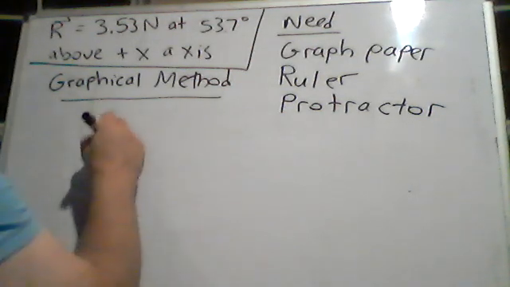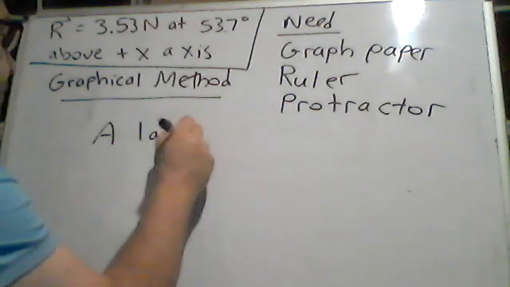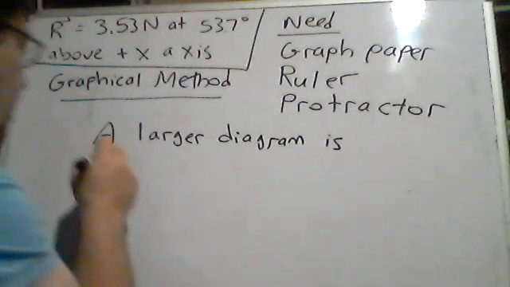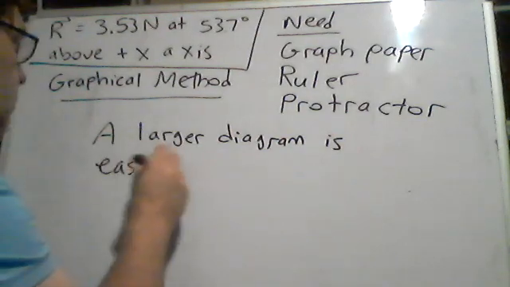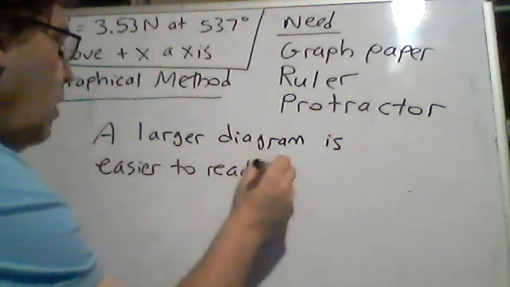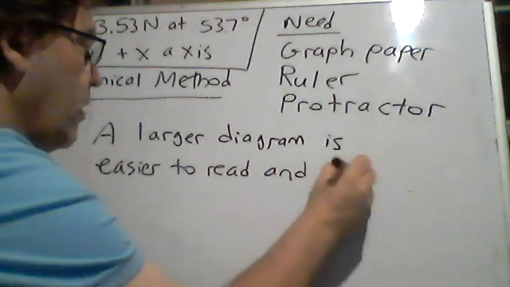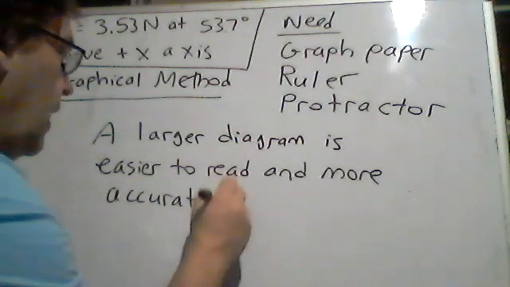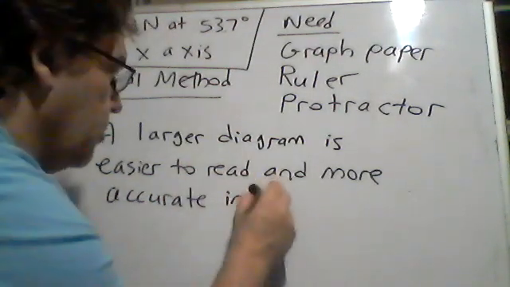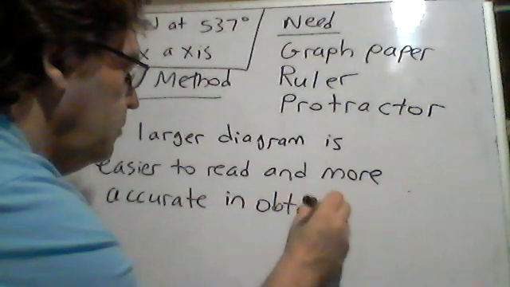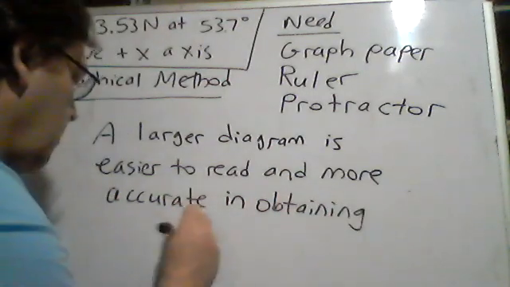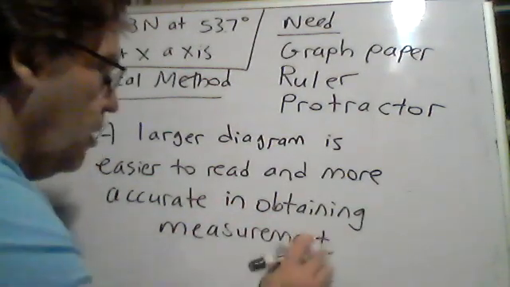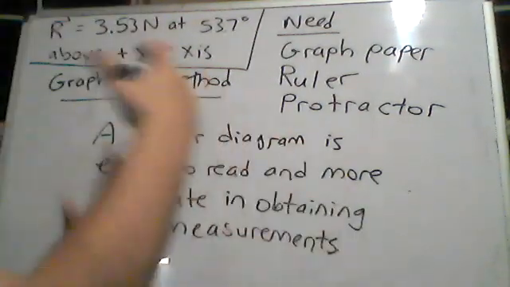A larger diagram is easier to read and more accurate in obtaining measurements. That's why you don't want some little dinky diagram. You want a larger diagram that takes up a good part of the page.